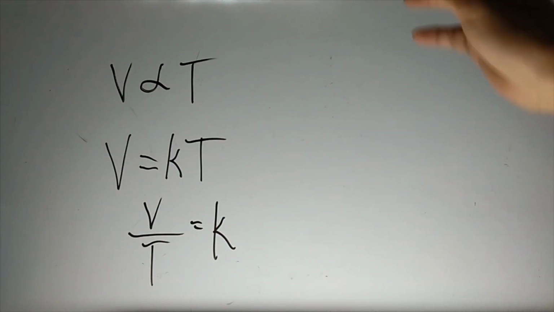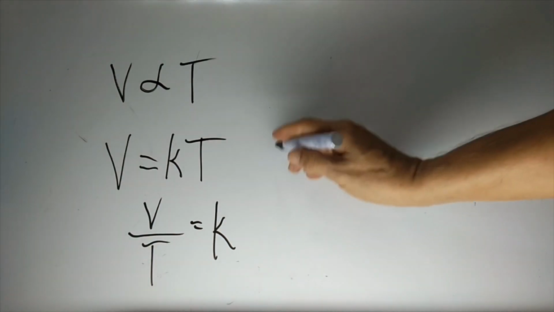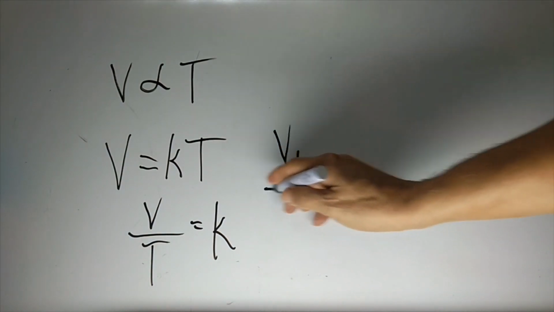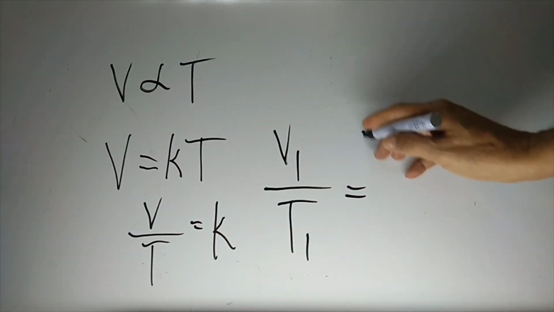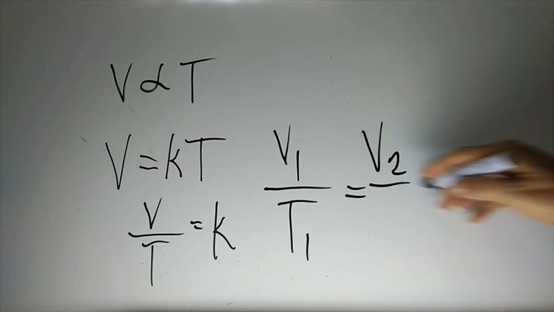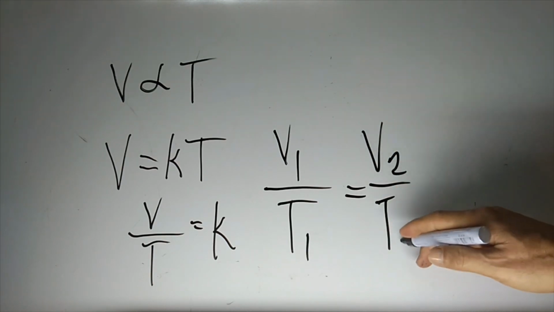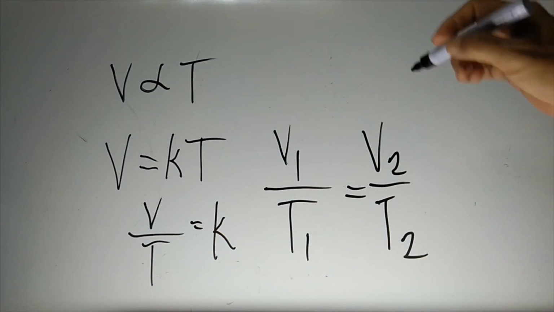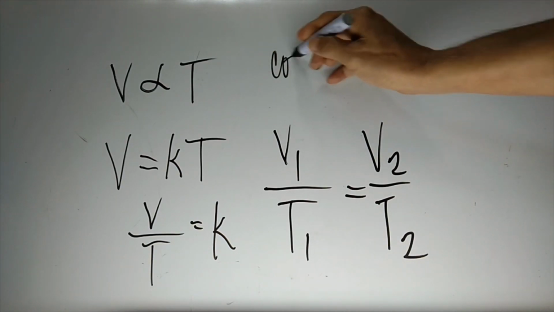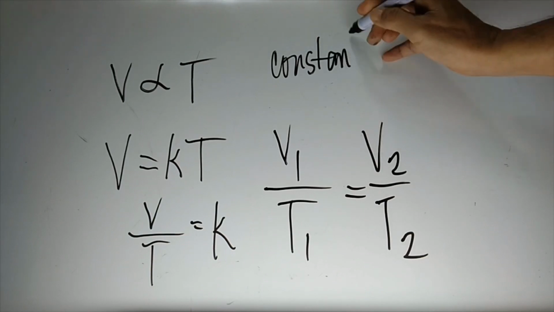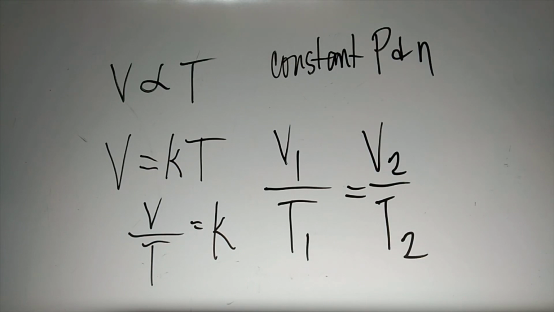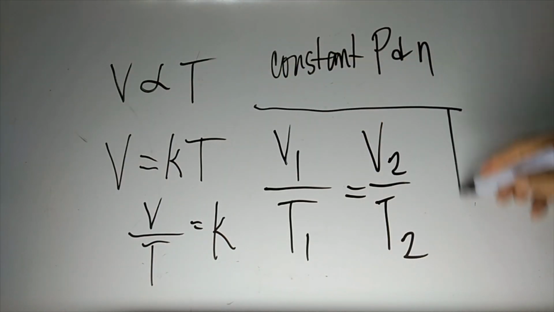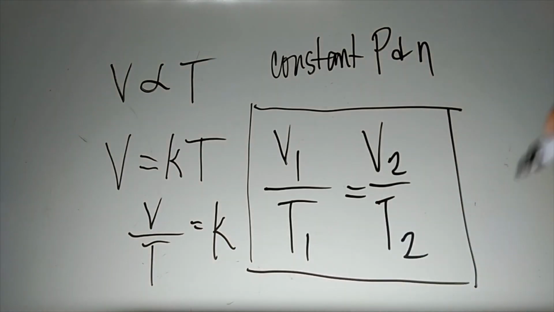So, Charles' law now can be expressed as V1 over T1 is equal to V2 over T2 with the condition that it should have a constant pressure and amount of gas. We will now be using this formula to solve Charles' law problems.